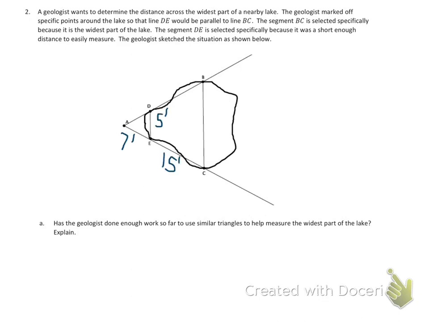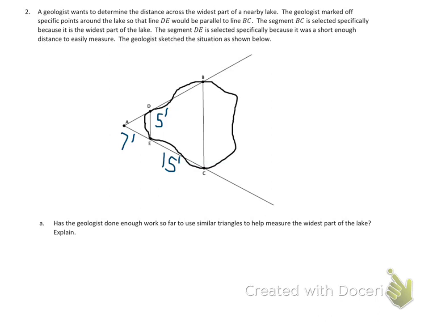Okay, so I have labeled the diagram with the values that were given in part B. I'm going to keep this picture up. Part B says the geologist made the following measurements. The length of segment DE is 5 feet. The length of segment AE is 7 feet, and the length of EC is 15 feet.